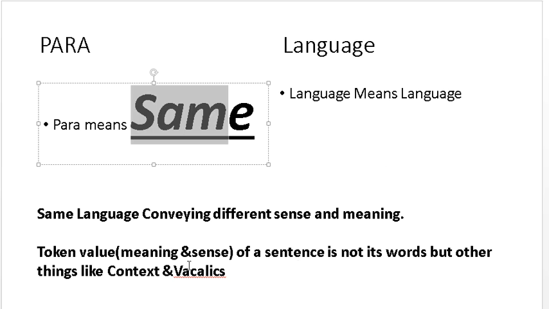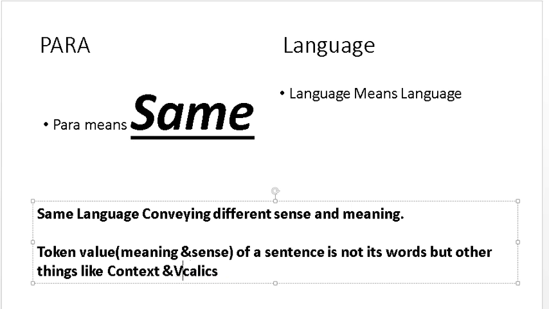In other words, we can say the token value, which is the real meaning and sense of a sentence, is not its words, but other things like context and vocalics. We will explain this shortly, but in earlier lectures we had a little discussion about it, when I was talking about non-verbal and verbal communication.